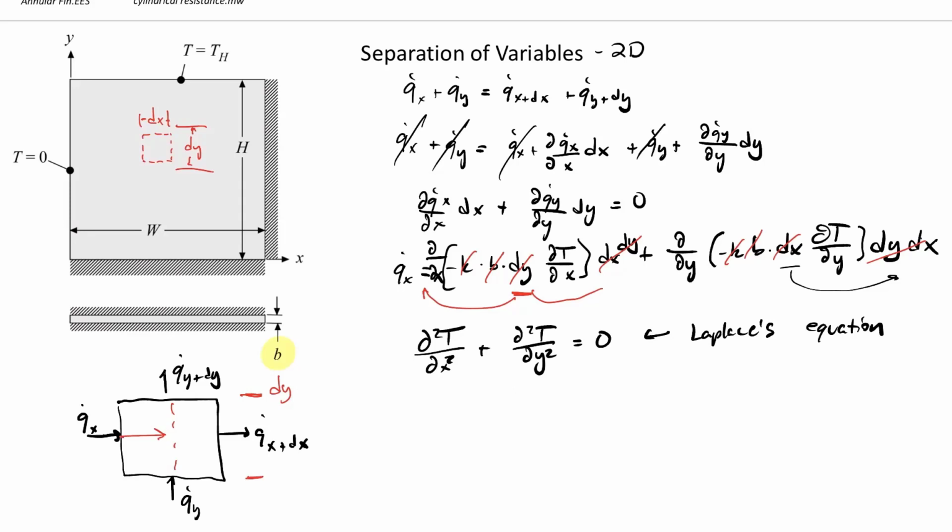Yeah, I suppose you could. I mean, you could go through and do a Biot number calculation where you're looking at conduction in the z direction or something like that. You probably could and should do that. I'm not going to go over that here, but it's something that you could do.